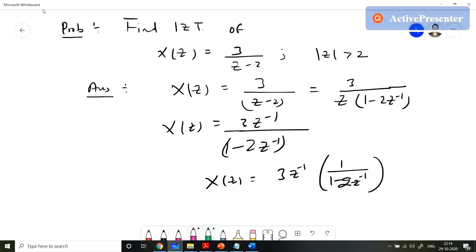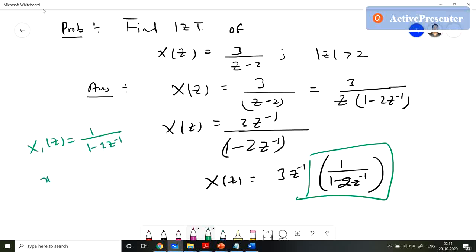Let us solve this portion. The inverse Z transform, let it be X1(z). So X1(z) is 1 divided by 1 minus 2z inverse. So x1[n] is basically 2 raised to the power n u[n].